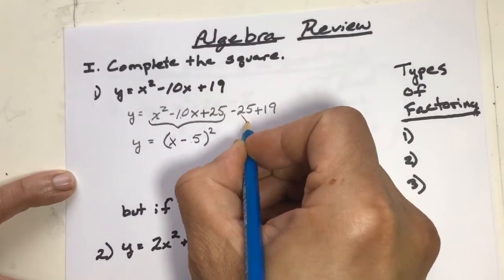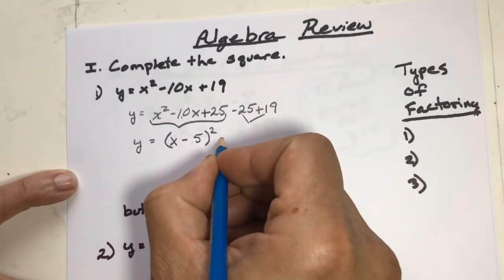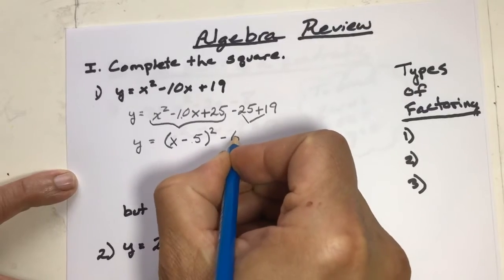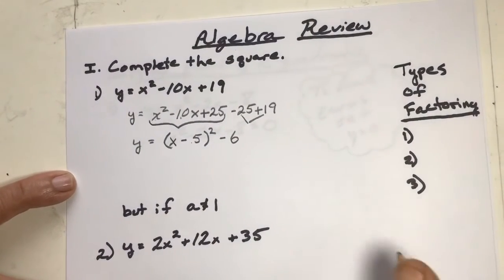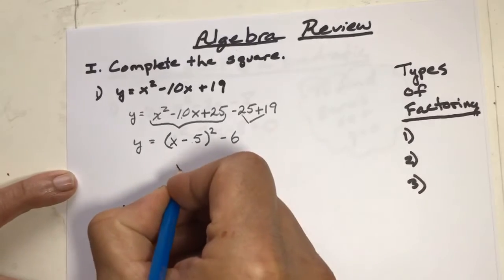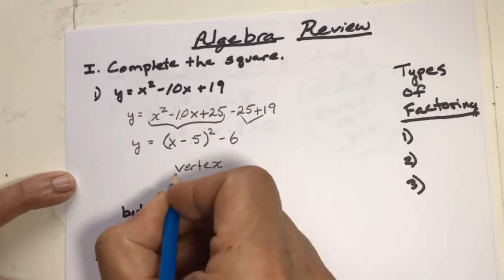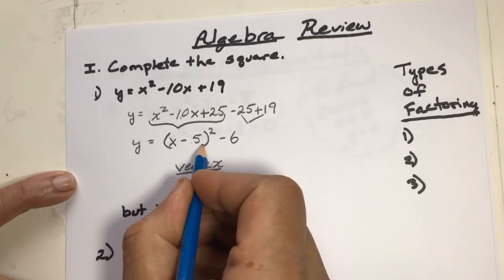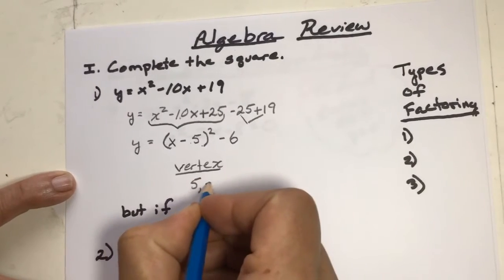Now these two numbers go together: -25 and a positive 19 add up to -6. Now why would we ever complete the square on anything? Well, it helps us figure out the vertex point. And if you remember, parentheses lie, so the vertex is going to be 5, comma, -6.